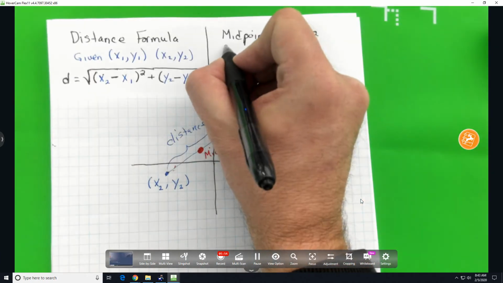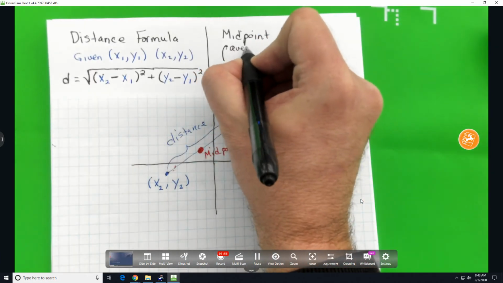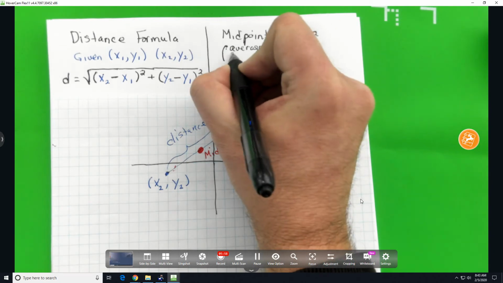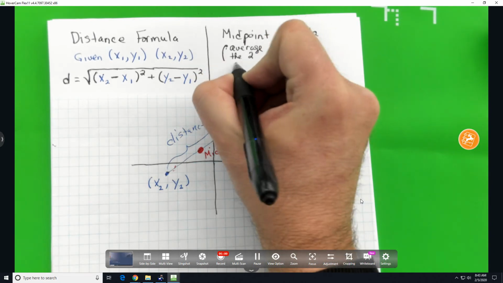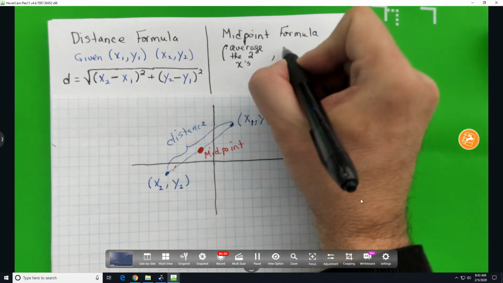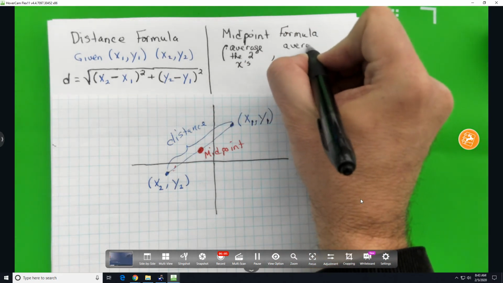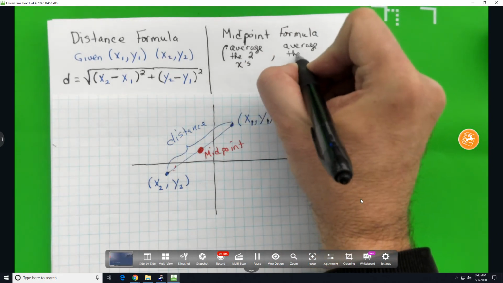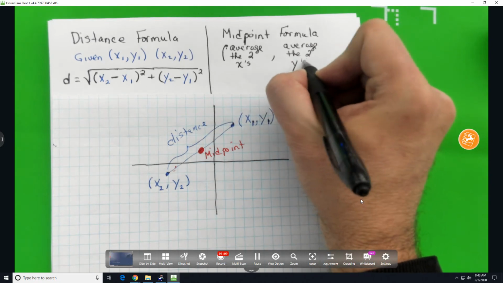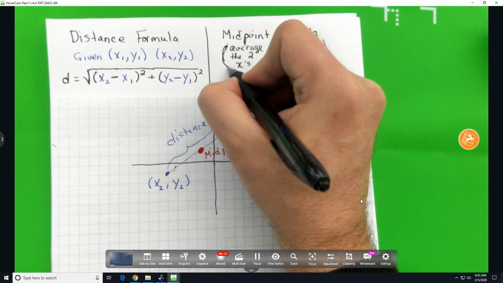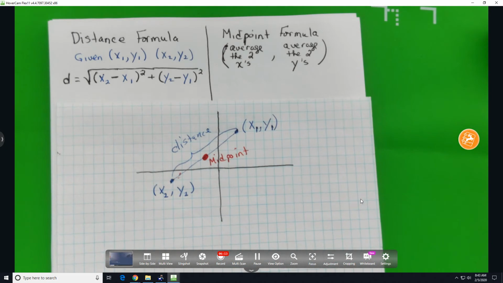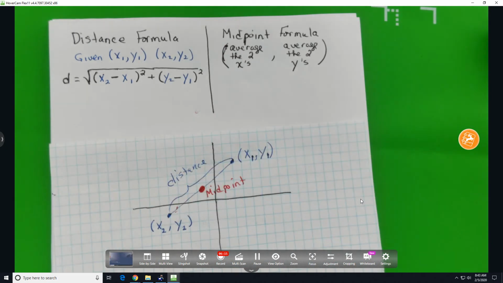So here's the midpoint formula. Average the two x's and average the two y's. Let's write it out so it looks like a formula now.